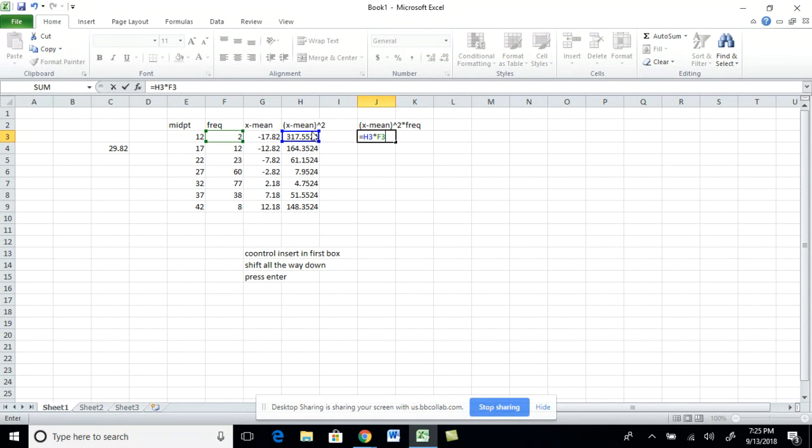So you want to do that number times this number, and we get that. To do it for all of them, we do Control, Insert, shift down, press Enter, and you did that for all of column 2 and column 4.